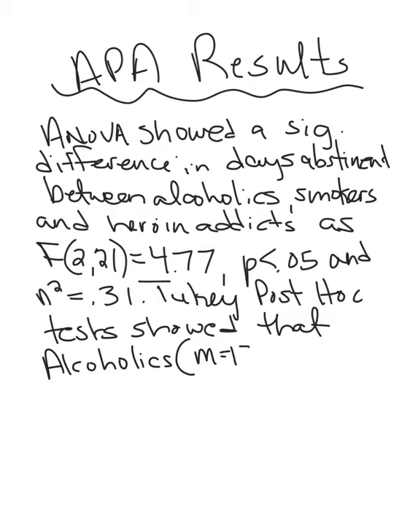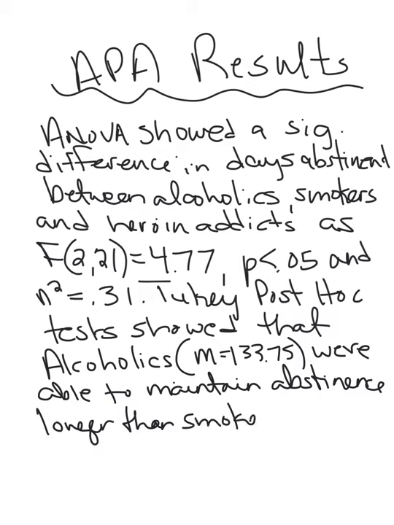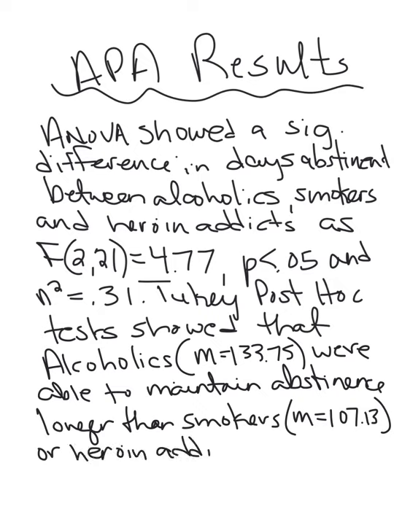and now I'm going to put their mean, M equals 133.75, were able to maintain abstinence longer than smokers, their mean was 107.13, or heroin addicts, and their mean was 108.75.